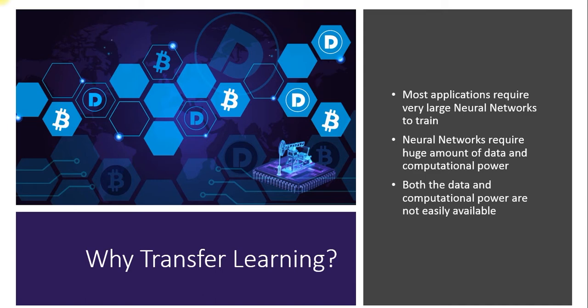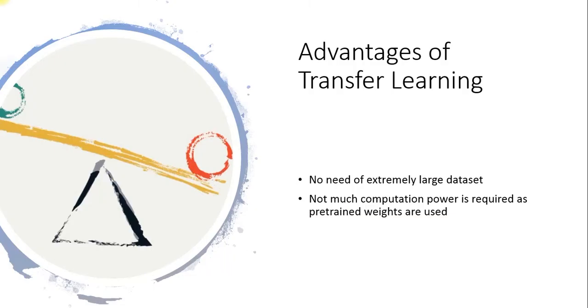But in the real world, especially in finance and medical imaging, we have a massive amount of data which requires huge neural networks to train. And neural networks in turn require a huge amount of data, which already is there in things like medical applications, and computational power. Both the data and computational power are not easily available in many situations.